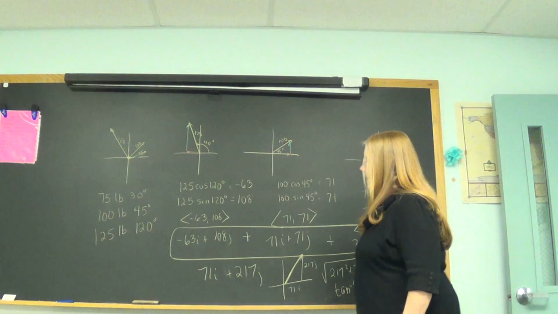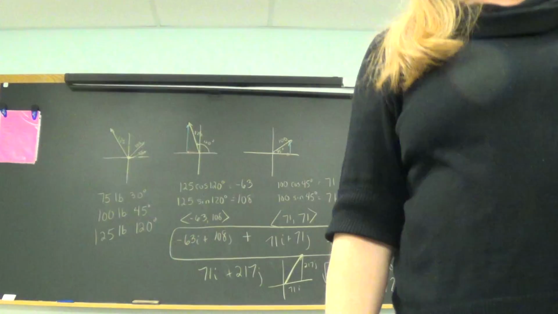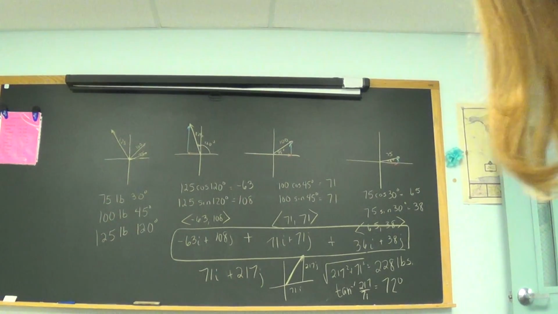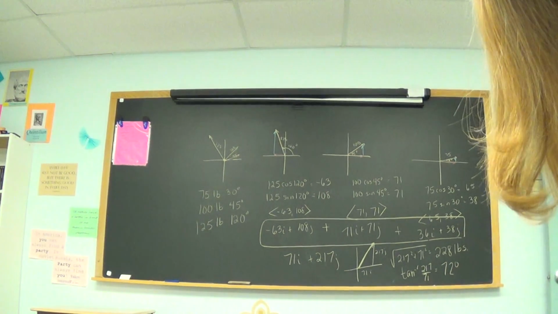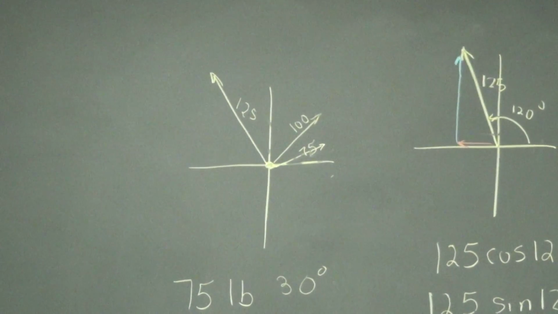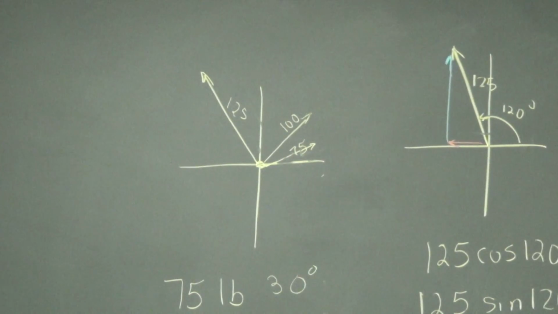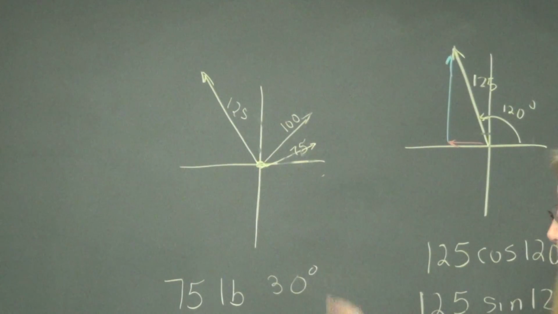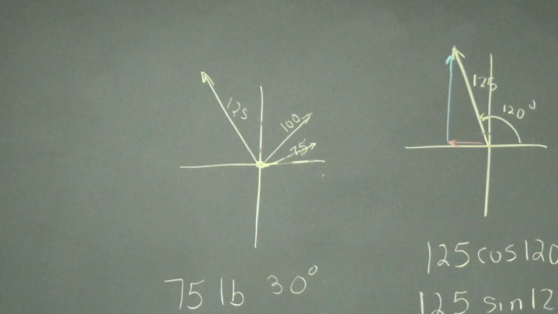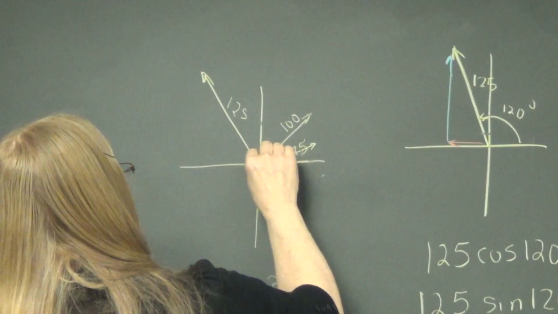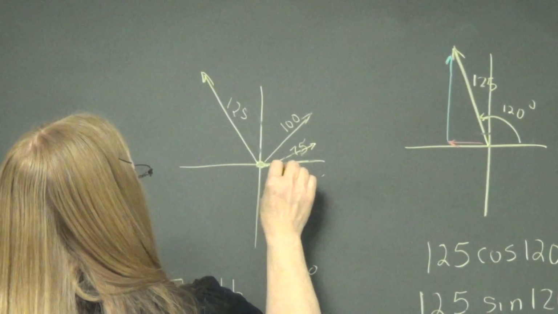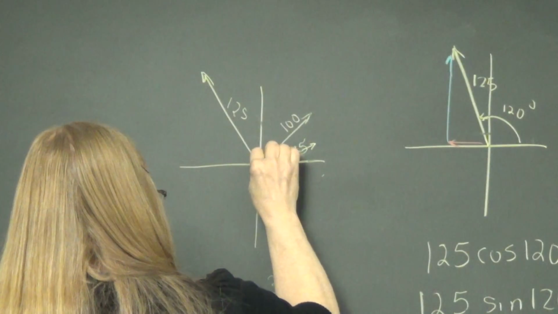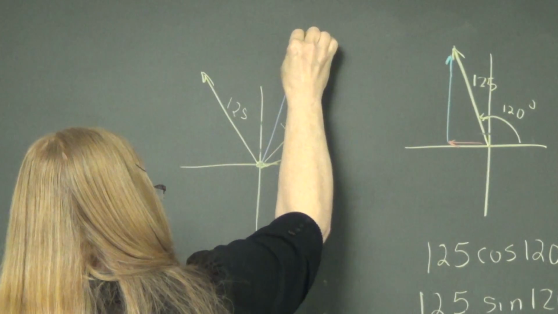So I'm going to go way back here to the beginning and draw that one vector where I just had three. I'll zoom in on that in case we're getting too far back. Here, where I had my three force vectors originally acting on the spot, I'm going to replace them with one vector, a 228 pound vector, so 228 at 72 degrees.